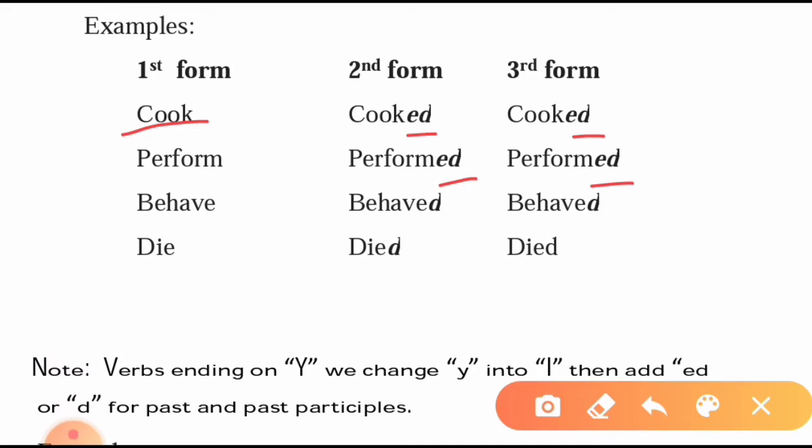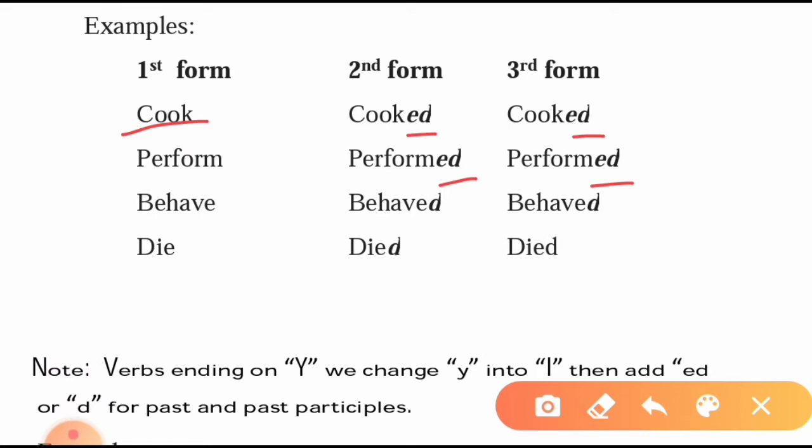So why do we make second and third form? We use second and third form for different sentences when we are making tenses in English, such as present tense, past tense, and present perfect tense. When we study tense, we need second form, third form, even fourth form of verb. So that's why we make these.